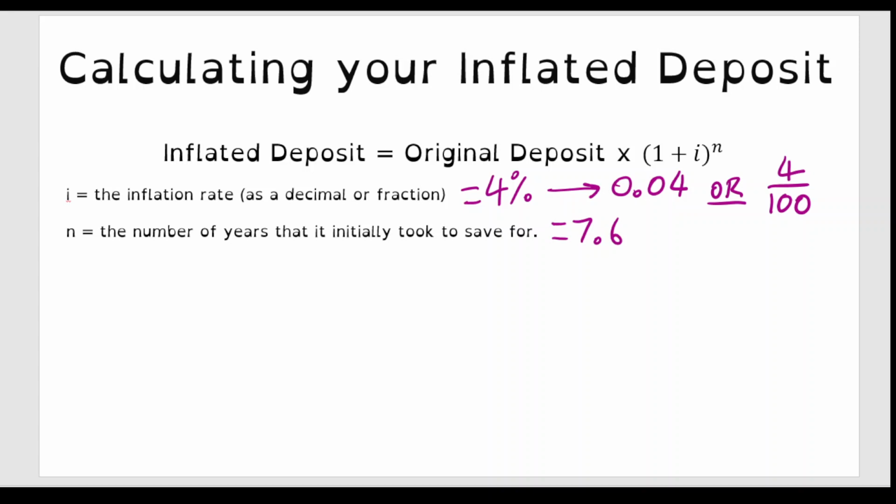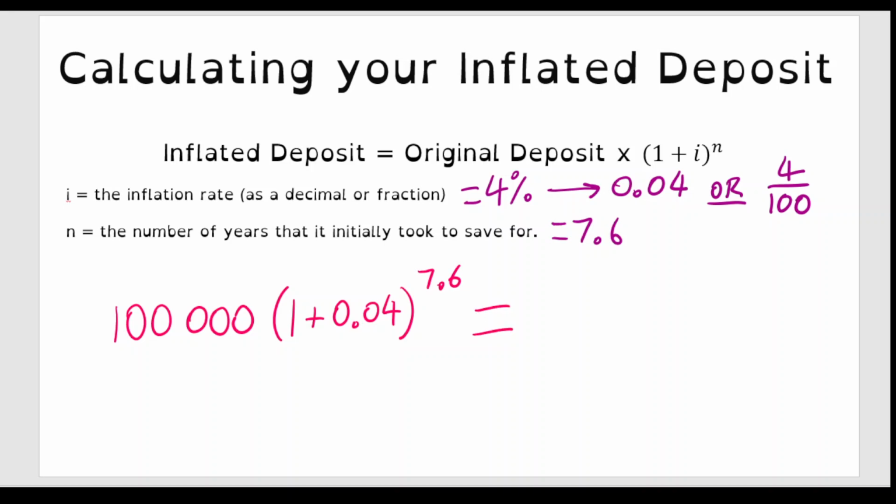So the inflated deposit, we are trying to find this. We need to make it equal to the original deposit, which is 100,000, multiplied by 1 plus our inflation amount, so 0.04, raised to the power of 7.6.